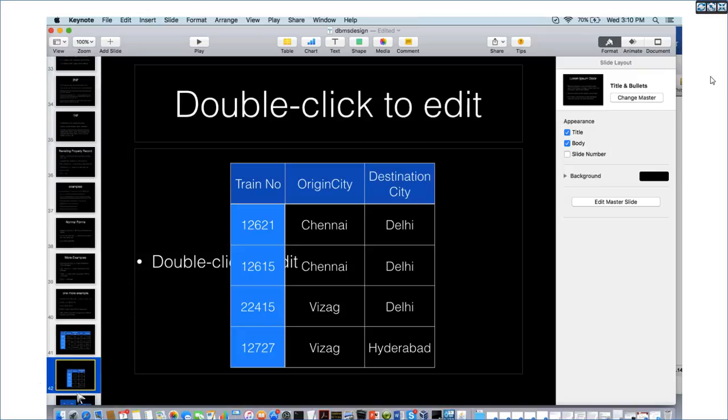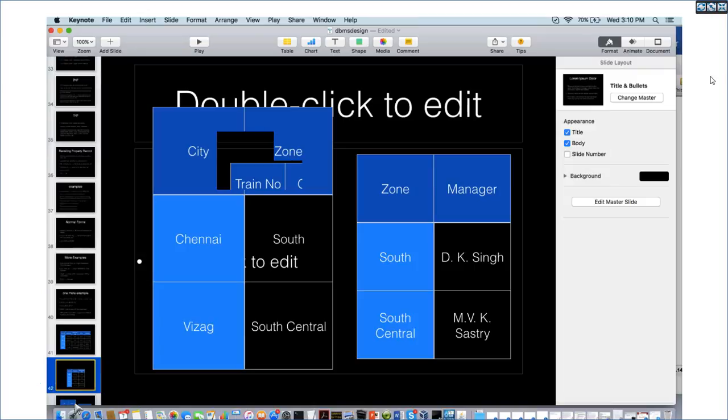Okay, right? So if you go further down and look at this, this will now be split into city and zone. That FD is split now. Chennai, Vizag, the zone is South and South Central, the manager. So this will not suffer from any duplication. The original one has the FDs that cause duplication.